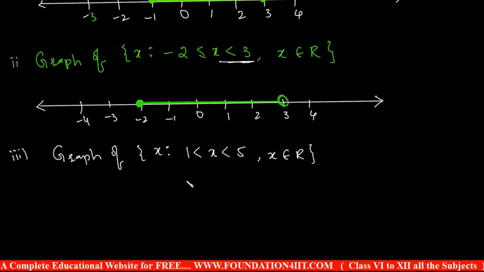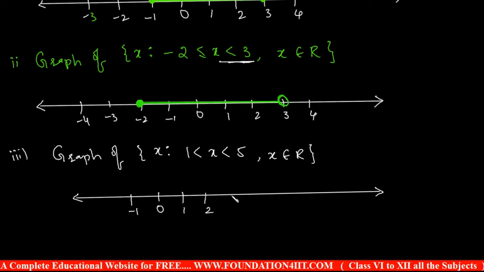Here 1 and 5 are not included, but x is between them, all positive numbers. So if you see this, 0, minus 1, keep the arrow marks, there are no negative numbers, only from 1 to 5: 1, 2, 3, 4, 5, 6, and so on.